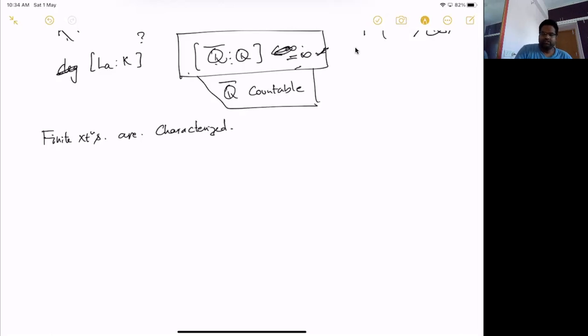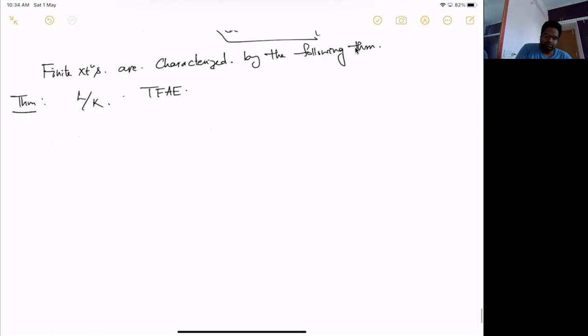So finite extensions are characterized by the following theorem. Suppose L over K is an extension. Then the following conditions are equivalent. One, L over K is finite.